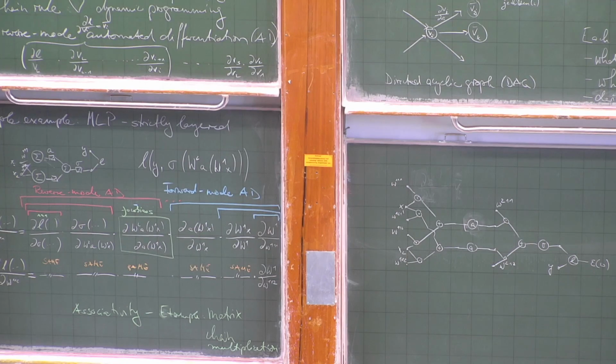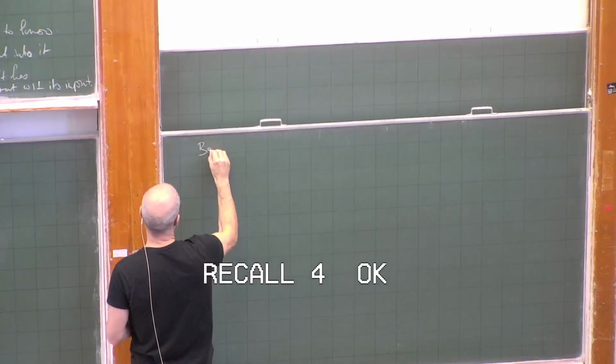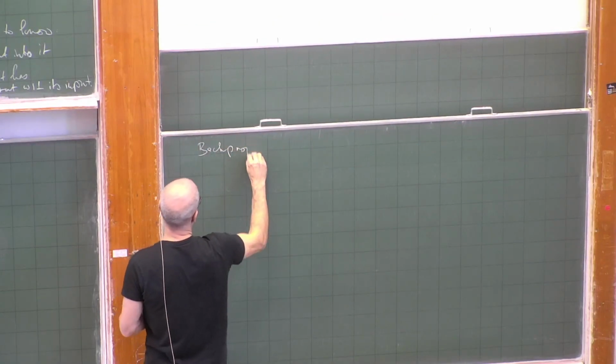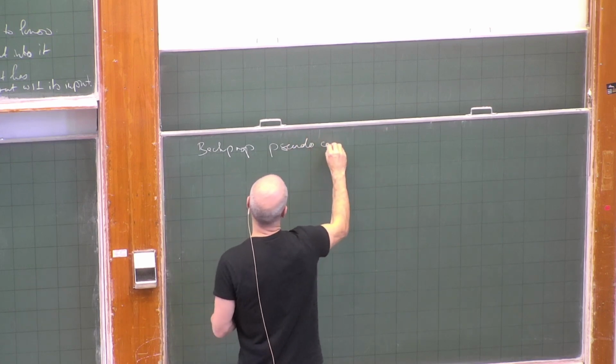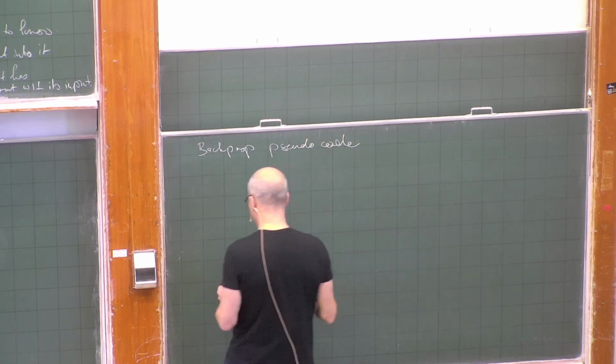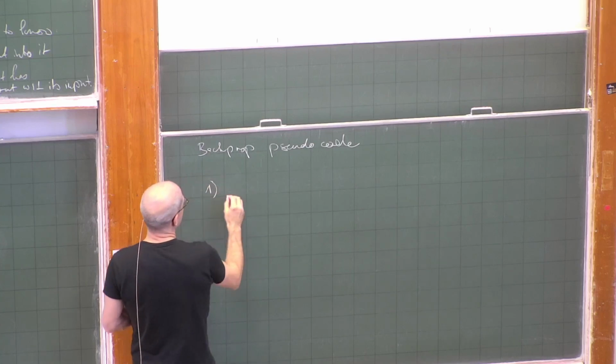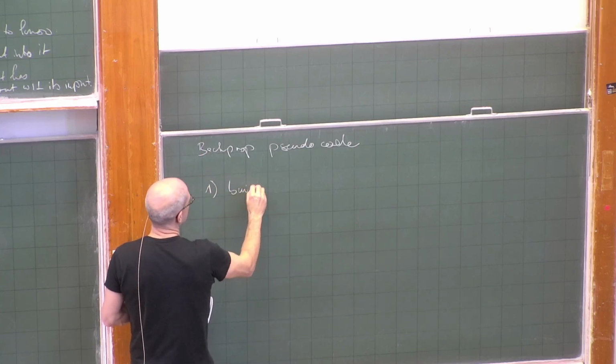So pseudocode for backpropagation, and that's very, very high level pseudocode, which I'm giving here, would be to build the computational graph.